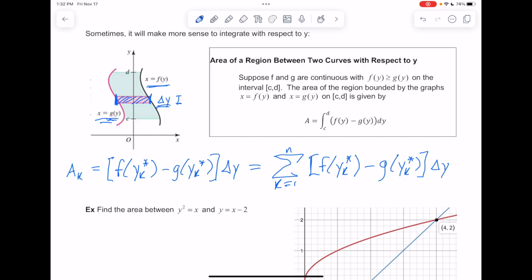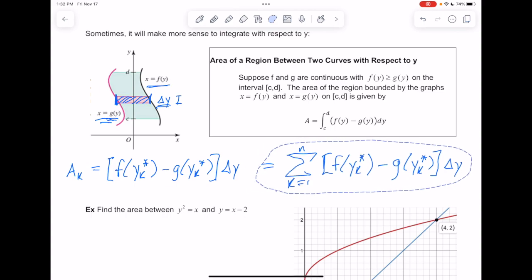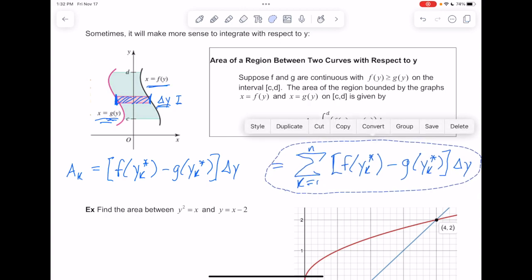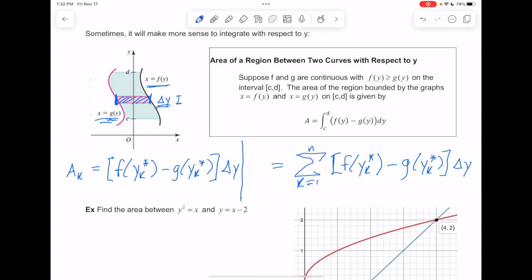So now, let me fix that up. This part right here is no longer just that one rectangle. We're taking the sum. So now this is actually the full area.